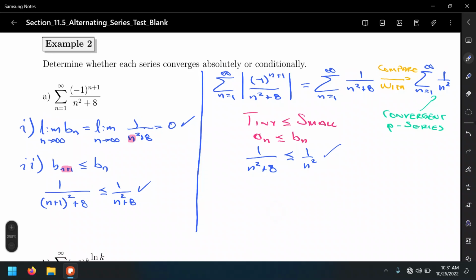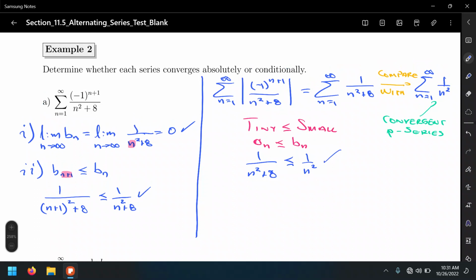All right. So now let's backtrack to the original alternating series. So number one, because we managed to show tiny is less than or equal to small, this series converges by DCT, direct comparison test.